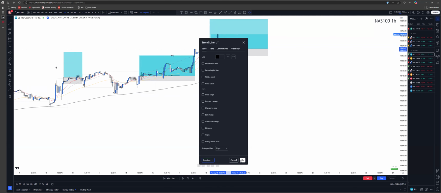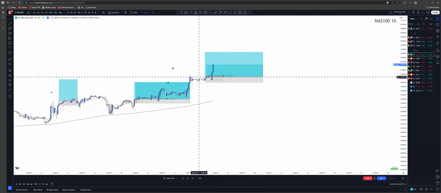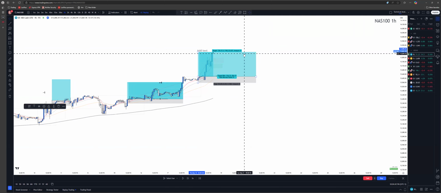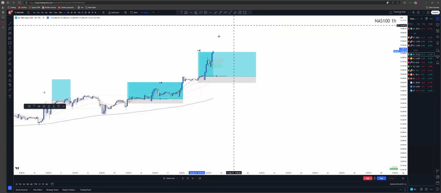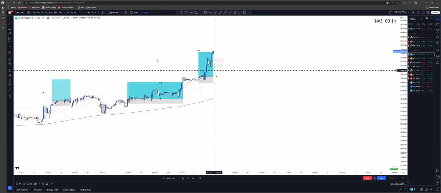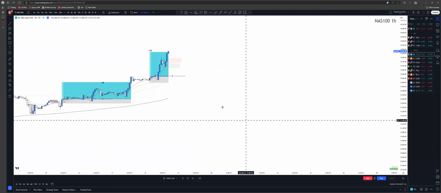Move break even and see how this trade pans out. Okay. Another plus 4. Another plus 4. And you can honestly continue to look for our setup.